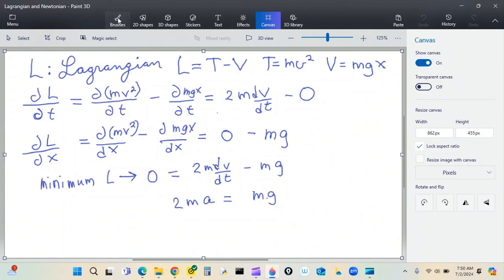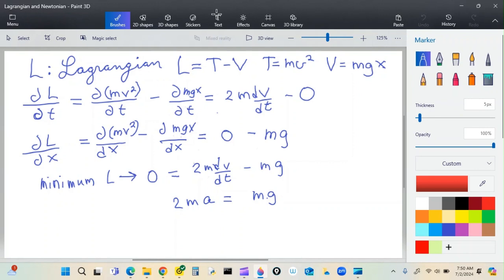I'll go to the brushes. We know that F equals ma, so this is really, let me reduce the thickness here. That just looks ugly.